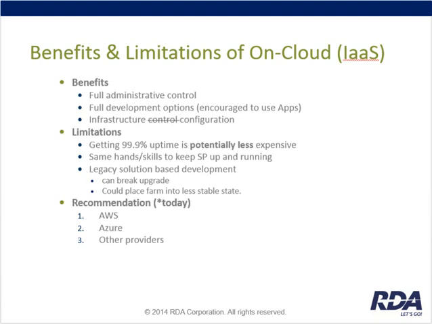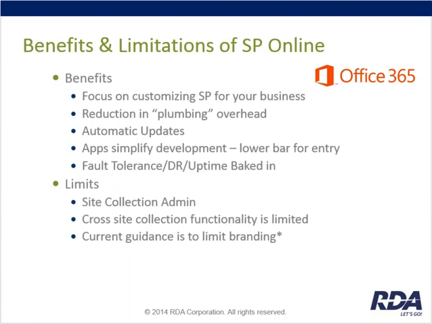You would want to reassess how Gartner is rating things, how the rest of the community is rating things too. But if you're starting today with your SharePoint upgrade, we would suggest AWS as your first choice. So now we talk about the benefits and limitations of SharePoint Online.